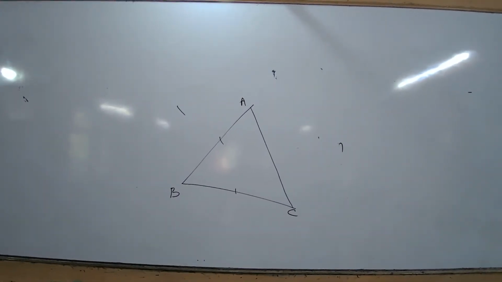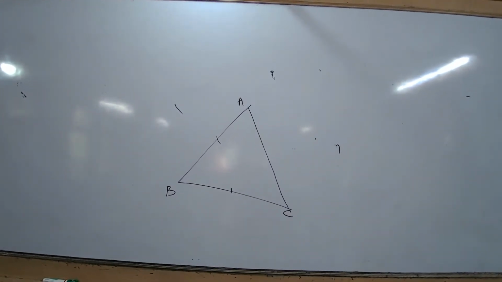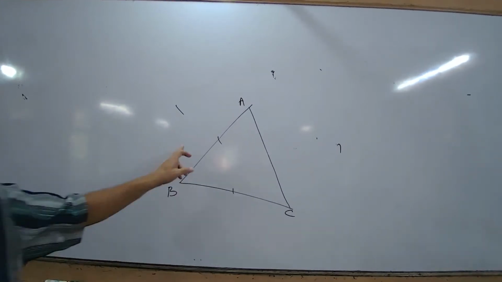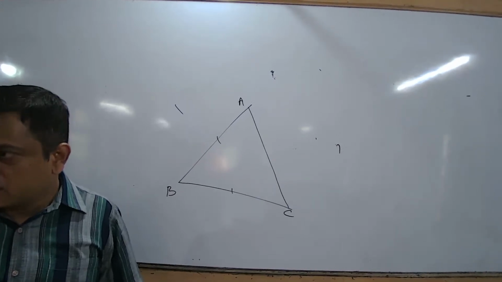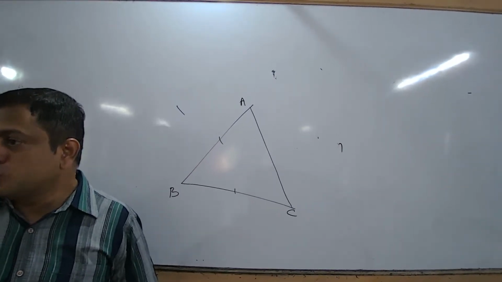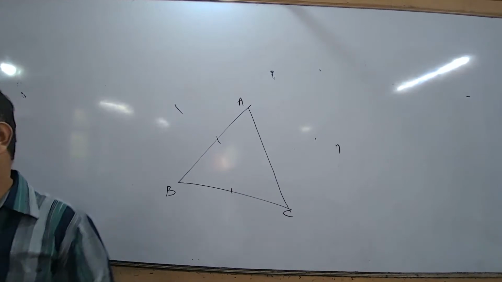Look here. For any triangle, base means a side. This can be base, this can be base. Then that base comes in the area. Area is equal to half base into height. To which side height is drawn, that is called the base.